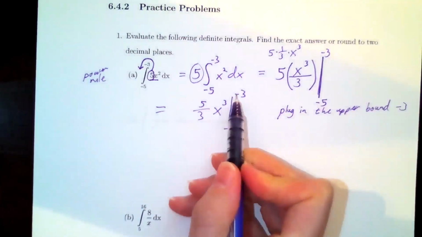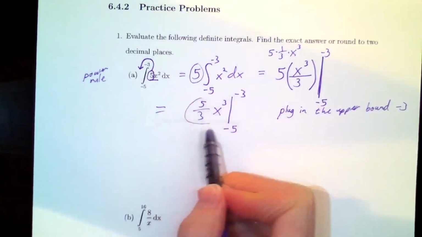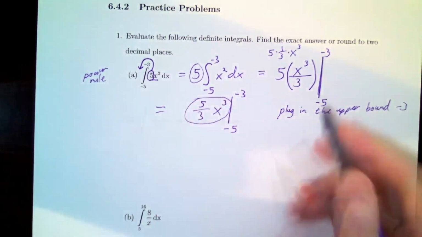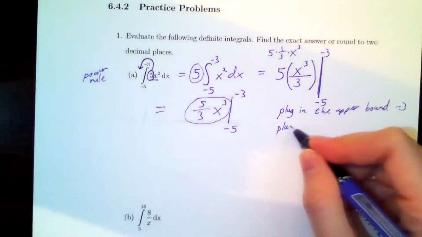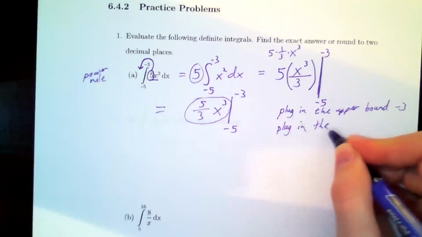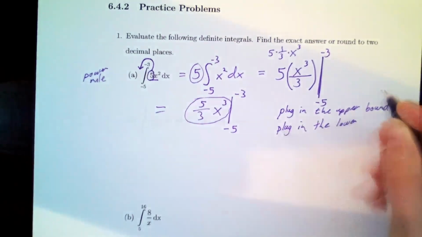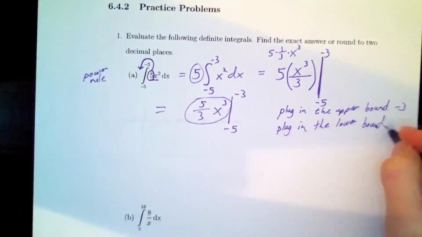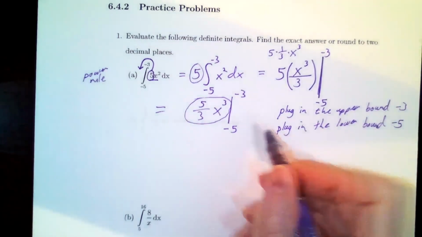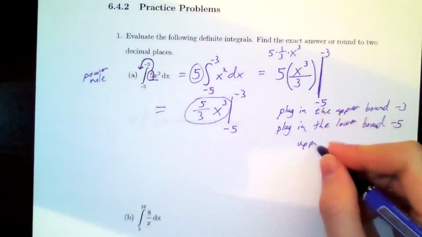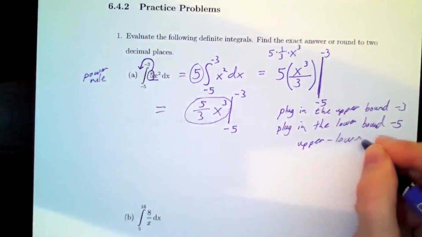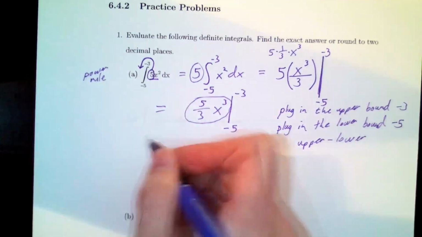Plug minus 3 into this function, big F here, and then plug in the lower bound, the number that's sitting on the bottom, and then you subtract. Subtract upper bound minus lower bound. And then we will evaluate, and have a number as a result.